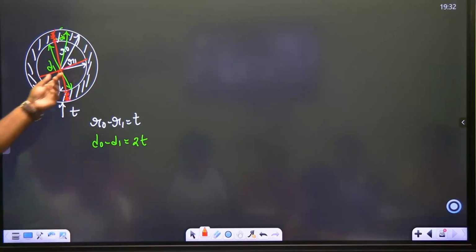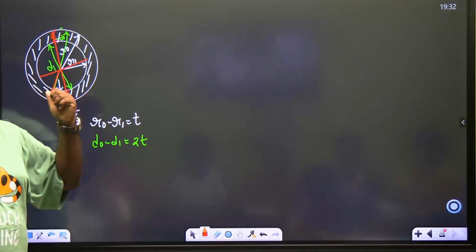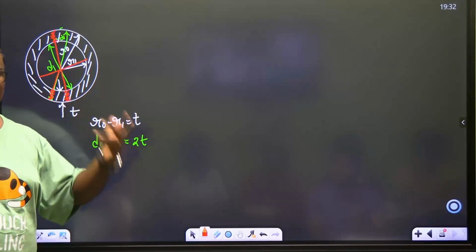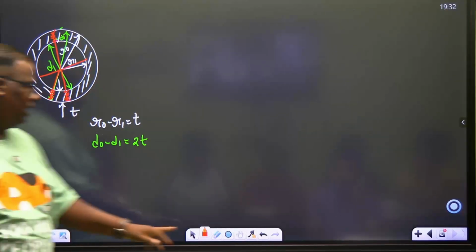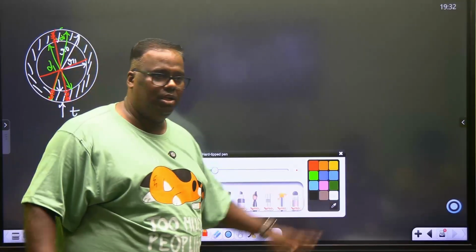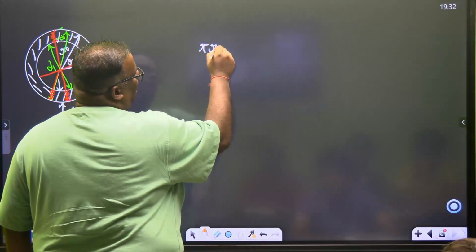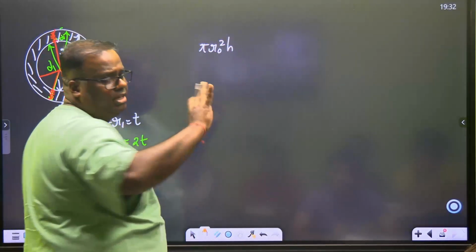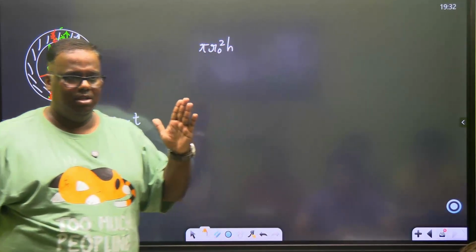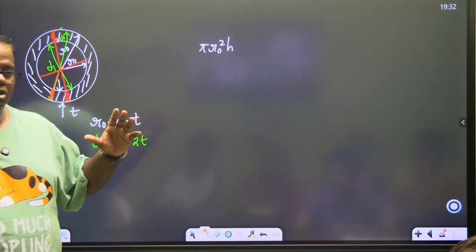Now suppose this is a wooden cylinder and I want to find out the volume of wood. So what is the volume here? The volume of the outer cylinder will be pi Ro square H, because the height or the length remains the same. Right?